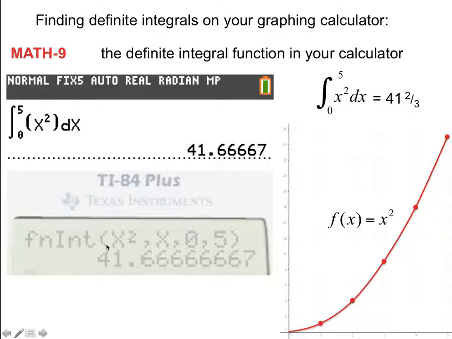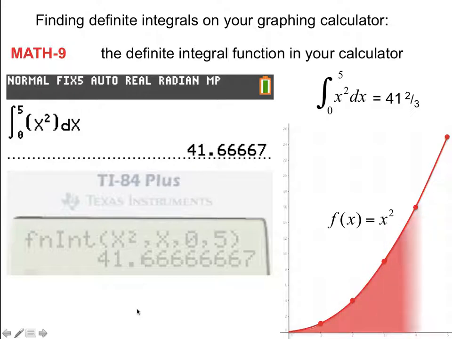Then we have a bracket here, and we put the same information up here as we do here. Here's the function that was found here. Here's the dummy variable that was found here. Here's the lower bound, and here's the upper bound. Then when you type in enter, you'll get the same answer.